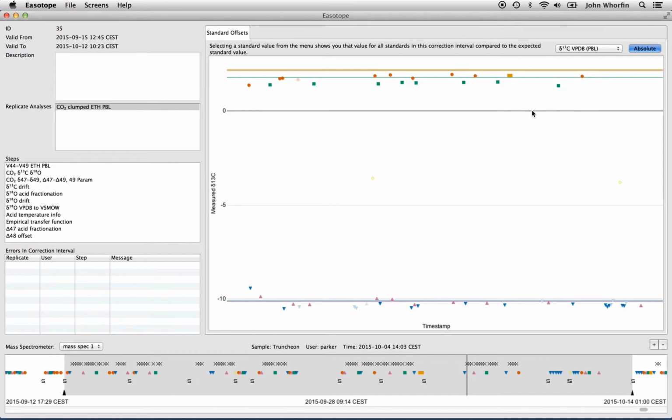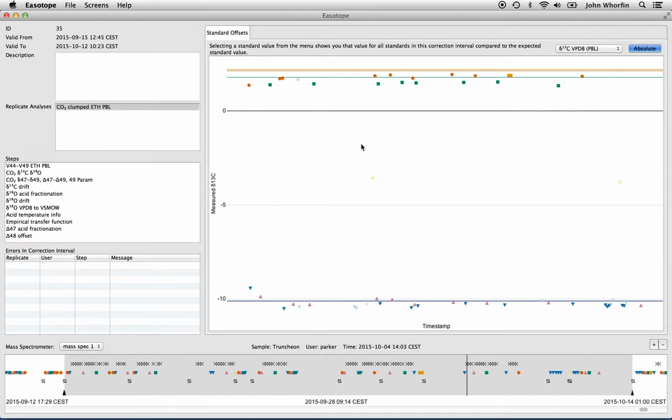The reason for this is that the value that we're looking at is the PBL corrected value. We're not looking at the final value, so these values have not yet been drift corrected. They've only been PBL corrected. So it's kind of expected that these values don't actually fall on the line, and you can see that this is true for all the other values as well.